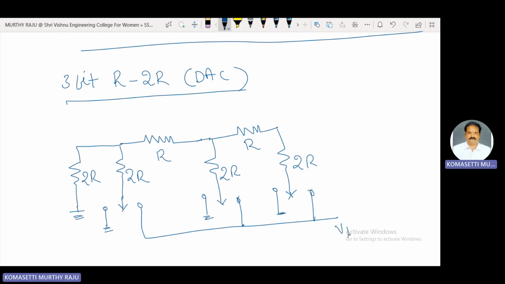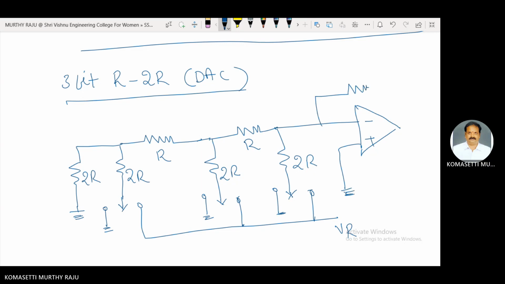Here we use a positive reference voltage. This R-2R ladder is connected to an op-amp in inverting configuration. The output is V0.